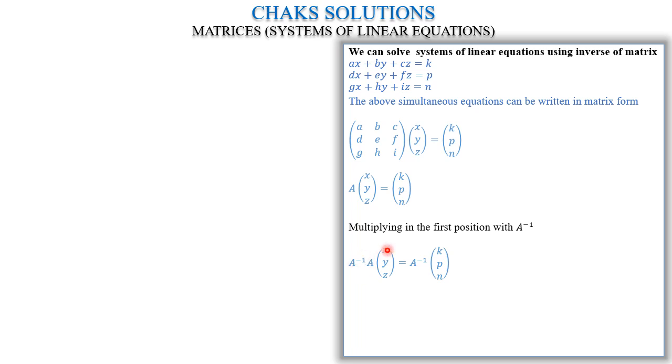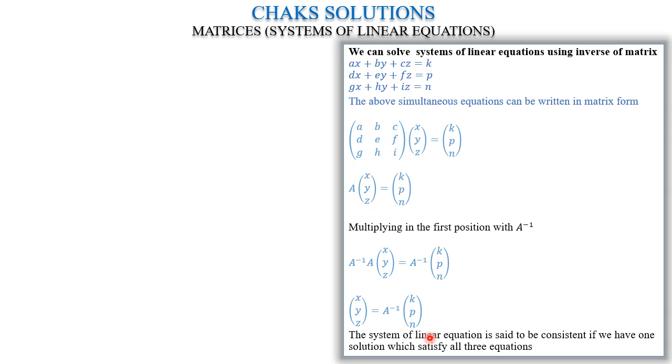We multiply on this side in the first position as well. So A inverse times A is the identity matrix, and we are left with XYZ equals A inverse times KPN.